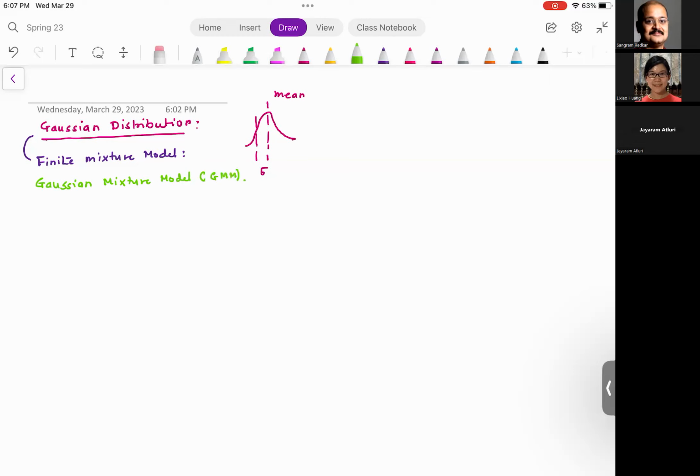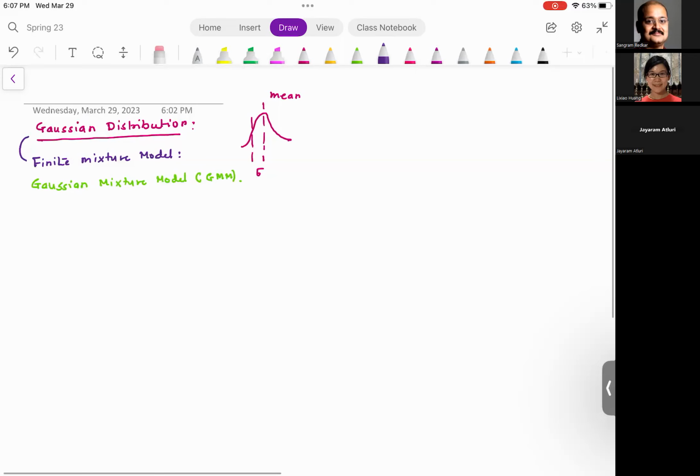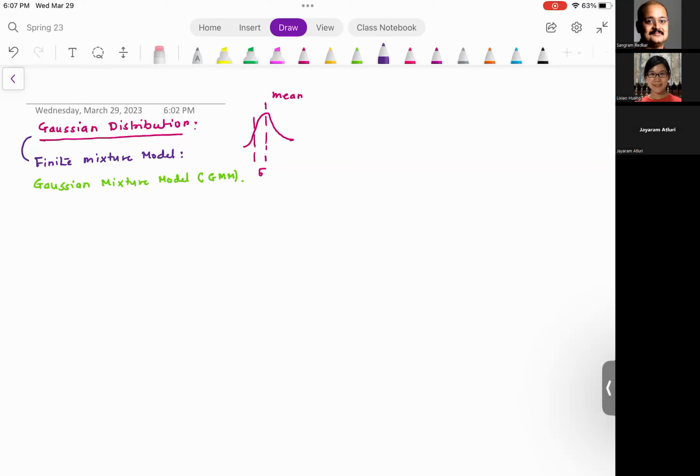What that means is you can have one or more Gaussian processes that add up, or interact with each other, and give you the overall distribution.